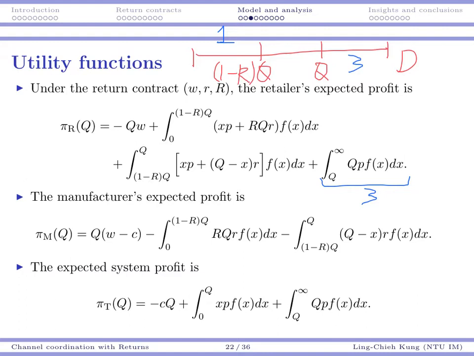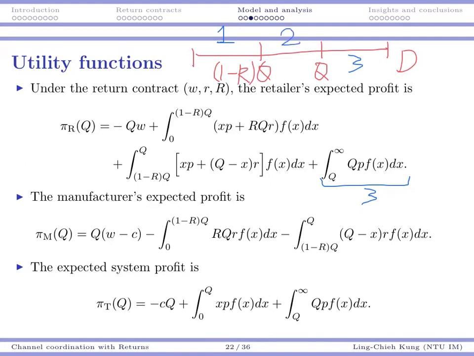I can only return this amount. Okay, how much is it? It's capital R times Q. So I have a lot of leftover, but I am only allowed to return R times Q because this is the maximum allowed return specified with this parameter capital R.